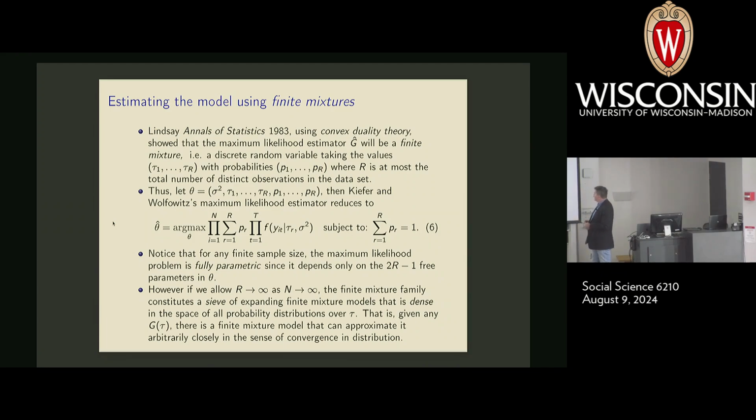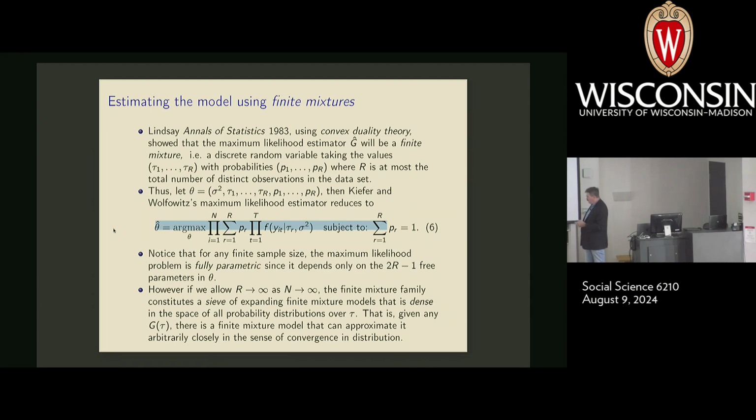Okay? Now, the idea is that this becomes what's called a sieve. Finite mixtures are an expanding family; we talk about bases for vector spaces and approximating in infinite dimensional space. The sieve is not like a basis, but it's a collection of expanding parametric distributions, which is called dense. In other words, you can approximate any CDF, whether it's continuous or discrete or mixed, with a finite mixture arbitrarily closely when the number R of mixing points in that distribution is large enough.